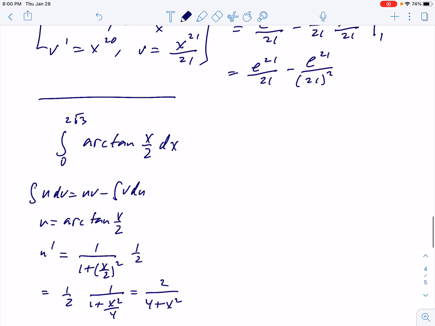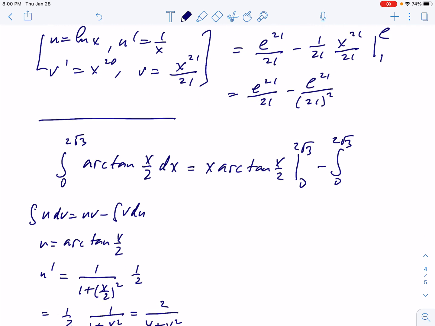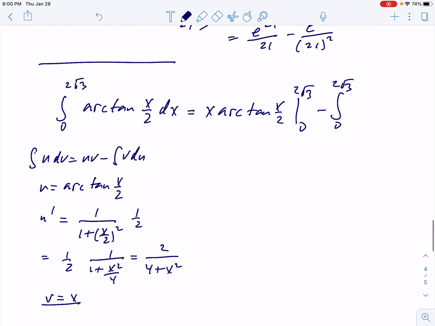So we're going now with our integral uv. So this is x arctangent x over 2 between 0 and 2 root of 3 minus integral 0 to 2 root of 3 v du. v is x, and we found u prime.